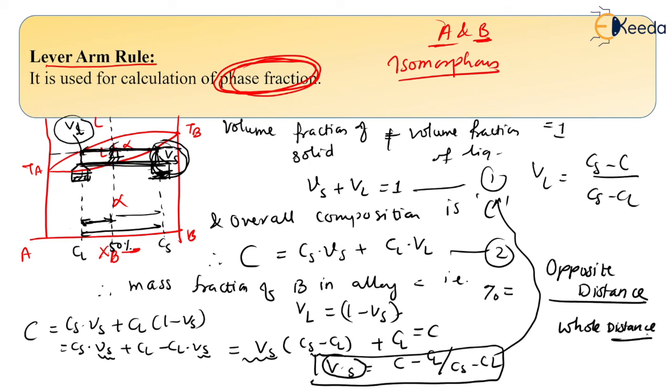So dear students, this is known as the lever arm rule: opposite distance or opposite arm divided by the length of the lever. We are going to use it for calculating or determining the phase fractions present in the system. So this is the lever arm. Thank you so much.